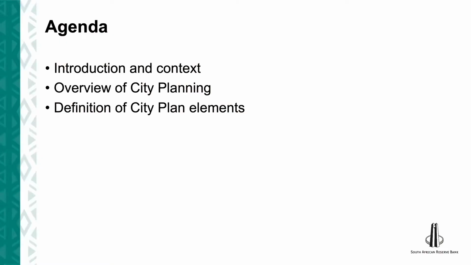I'd like to take you through how we've defined that, to explain what the key components of enterprise architecture at the bank are. Perhaps you could then identify opportunities to reuse or even extend, and we would welcome any feedback that you may have as well. So I'd like to take you through the city plan of the South African Reserve Bank. We'll look at an overview and some context.